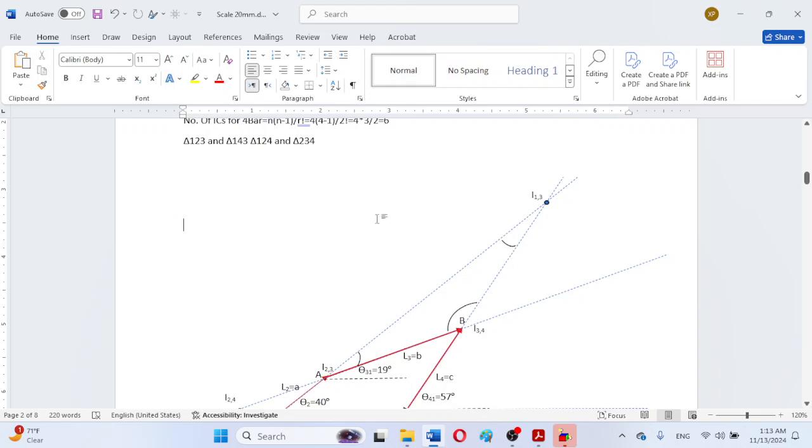Now we will be solving this triangle, triangle A I1,3 B.